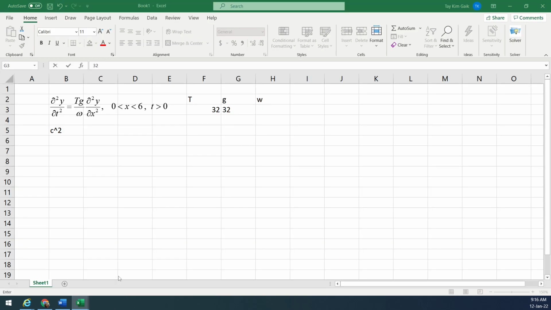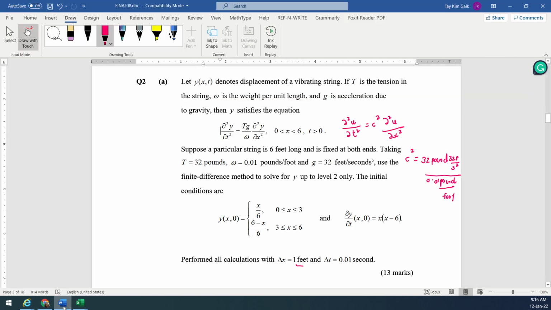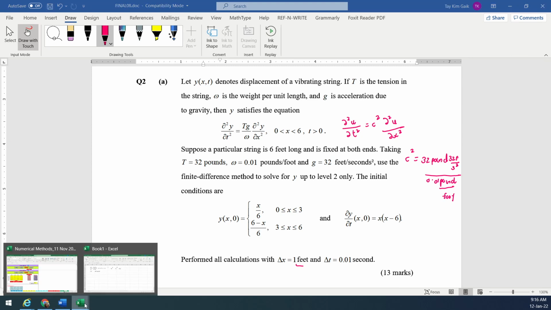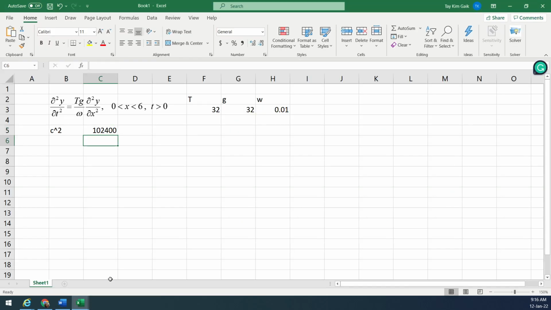0.01. Hold on. So this one, 0.01. The c squared, we are going to calculate 32 times 32 divided by 0.01. Very big.